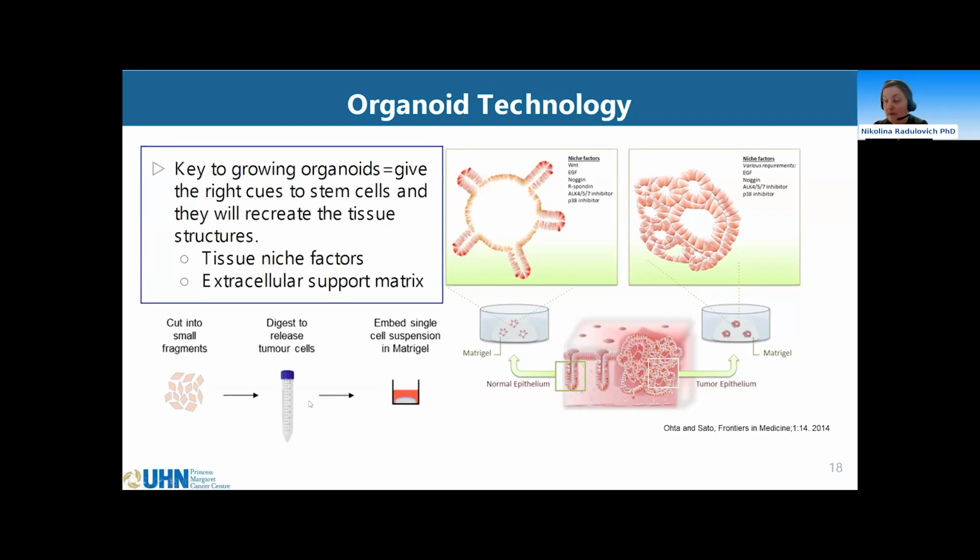These cells are then mixed with the Matrigel, the basement membrane extracellular matrix, and then we put a media containing these specific niche factors on top. Over time, the initiating cells will start forming structures that resemble either tumor tissue or normal tissue, depending on the initial input used to make these models.